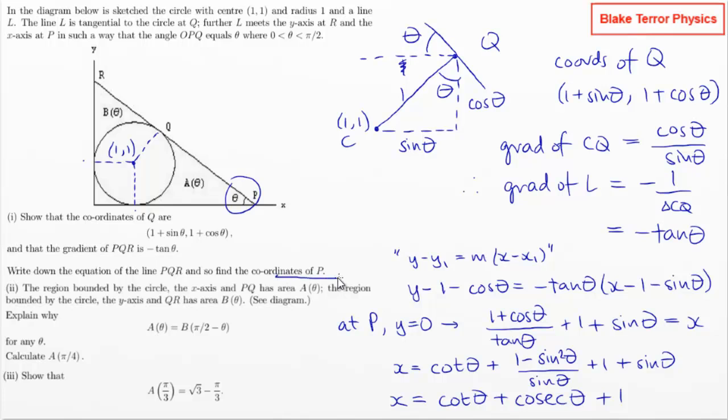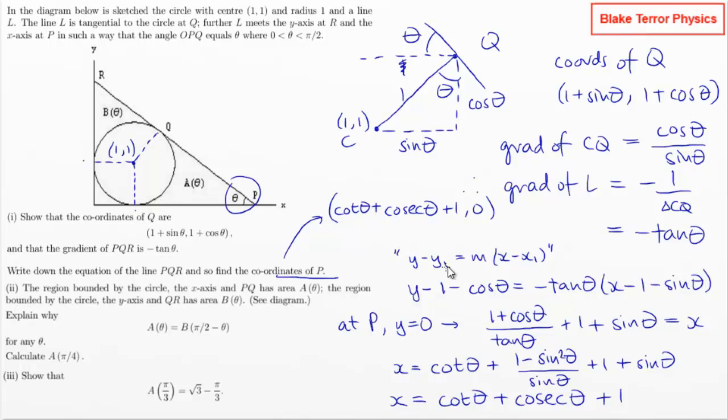But they have specifically said to give the coordinates of P. I've dropped off the bottom of the page there, but we're going to have to actually put it in coordinates and say it's cot theta plus cosec theta plus 1, and then the y coordinate is 0. So make sure you actually get it in the format that they've asked for. Just as well I did a duplicate of this slide because I've run out of space already.